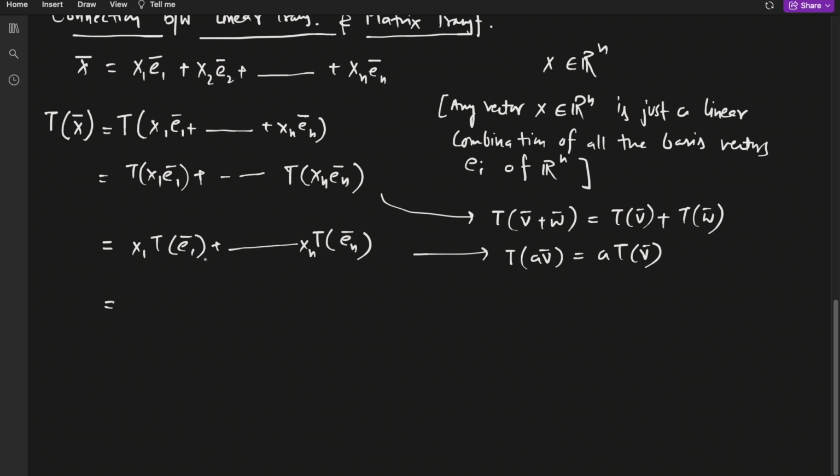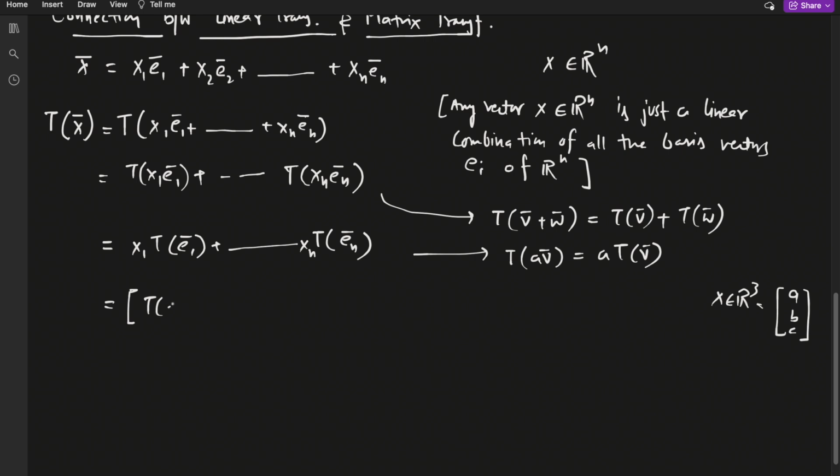These are the components of the vector x, because x belongs to Rn. For example, if x belongs to R3, it has three values, a, b, c, so this is x1, this is x2, and this is x3. So this addition I can write like this.